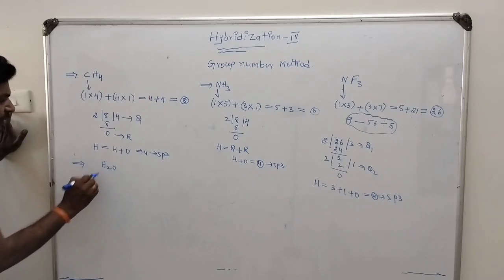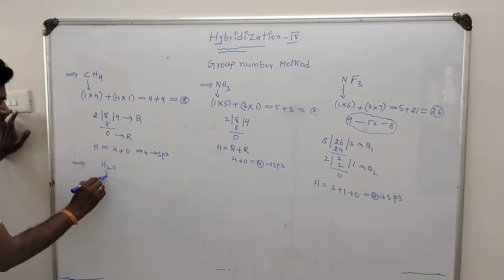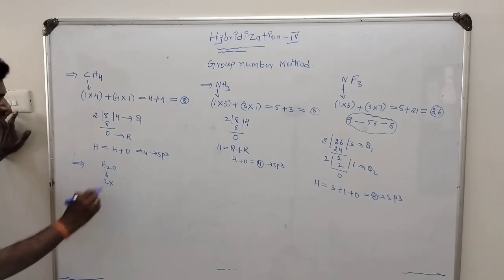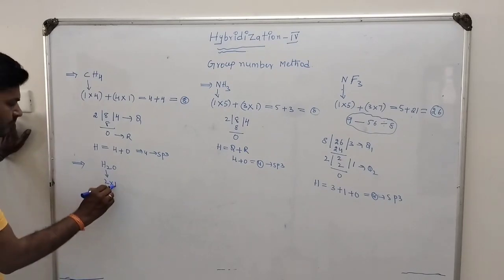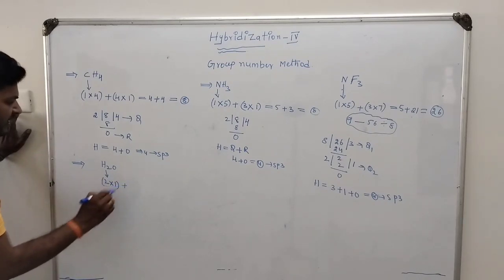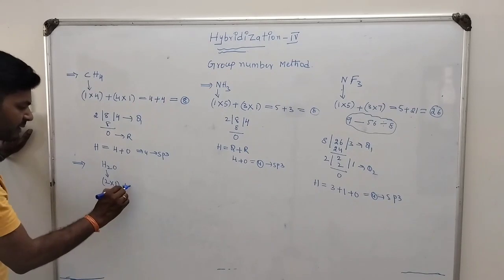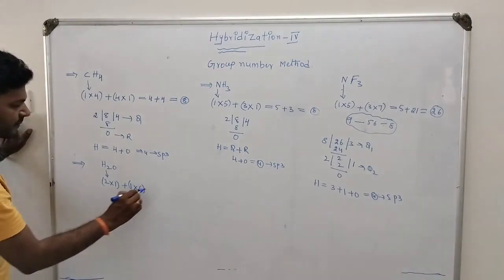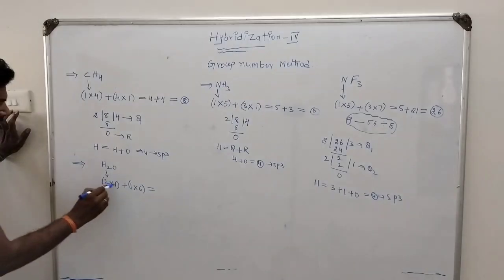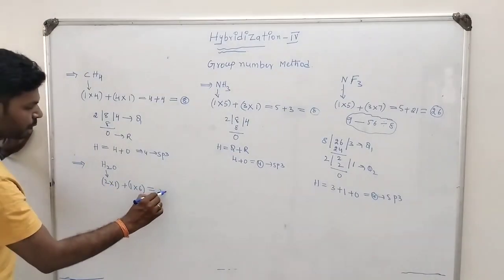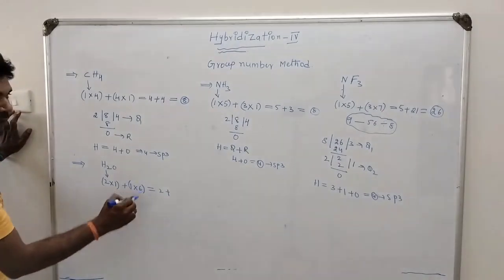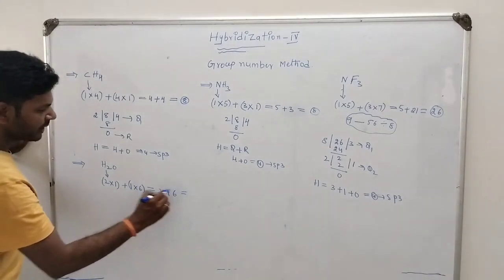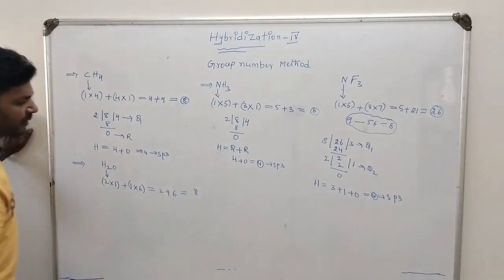H2O. Total number of hydrogens is 2, hydrogen group number 1, plus oxygen total number 1 into oxygen group number 6. 2 into 1 is 2, plus 1 into 6 is 6. 2 plus 6 is 8.